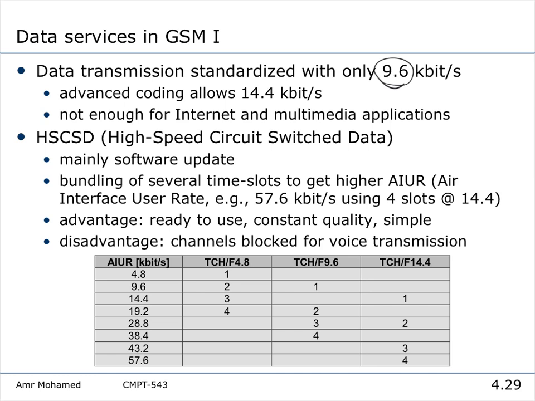But definitely it was not enough for real data services like multimedia services, video conferencing, and video on demand, and all the services that we take for granted nowadays. So 9.6 cannot really give you these fancy services by any means. So definitely there was a need to provide more advanced or more enhanced data services, right?